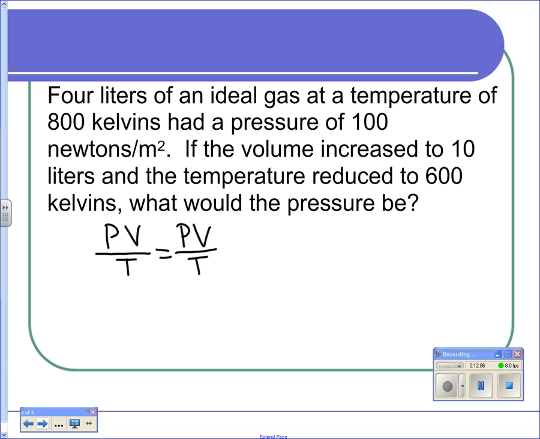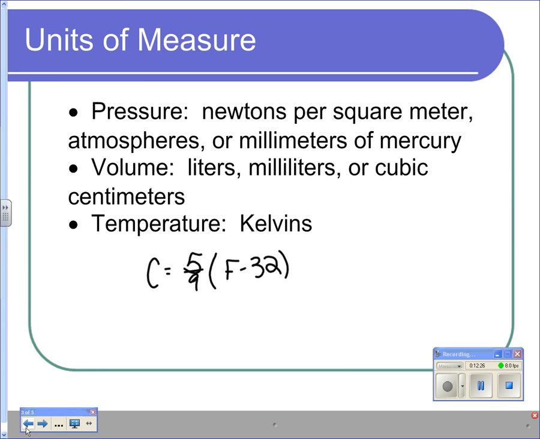Okay? So, do they give us our initial pressure? It is 100. What is our initial volume? 4 liters. That's your volume. Does that make sense? Because volume is liters, milliliters, or cubic centimeters.